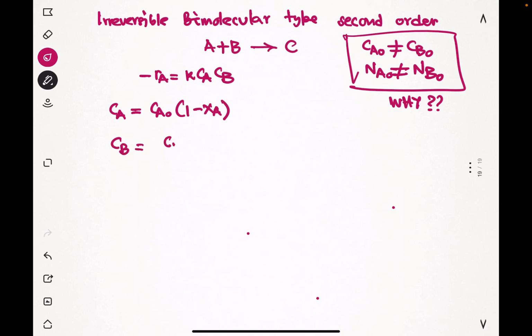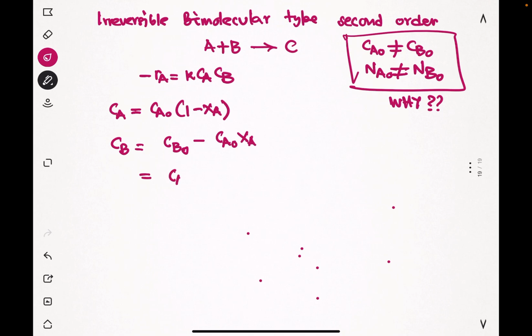CB is nothing but CB naught minus the conversion of B, which will be CA naught times XA times the stoichiometry of B. Here the stoichiometry is 1, minus 1 for both, so this is CA naught times XA.